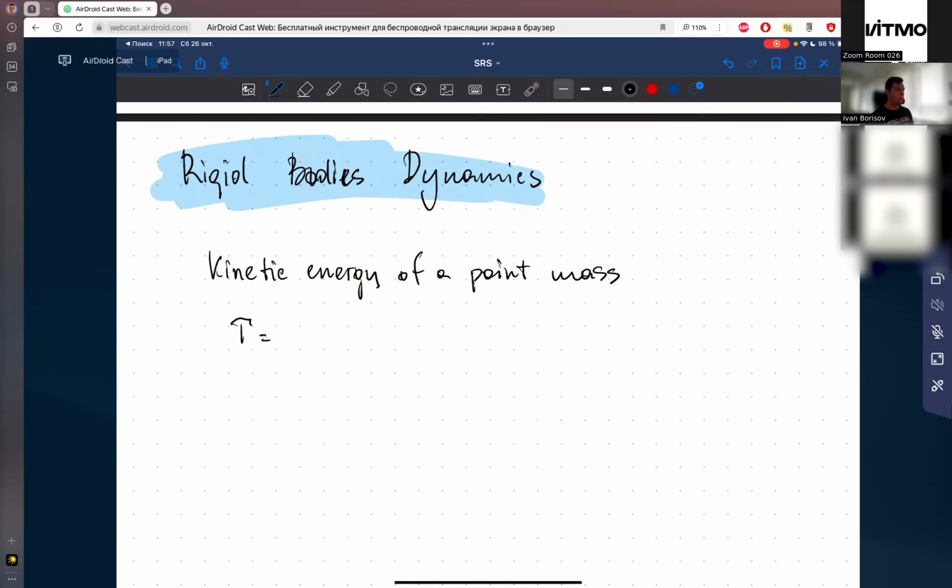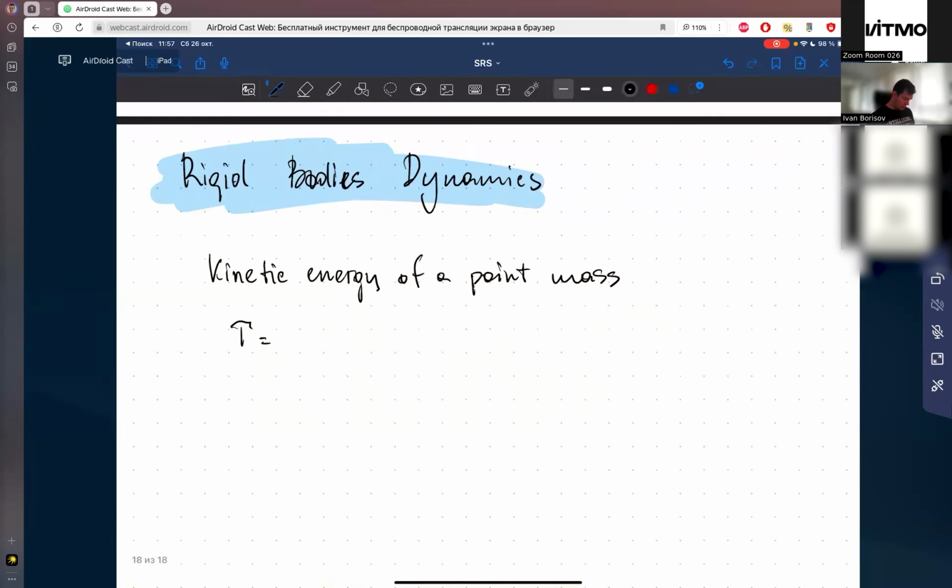What will it be? Half m v squared. Yes, it's something that we got used to, right? It's true if v is a scalar.